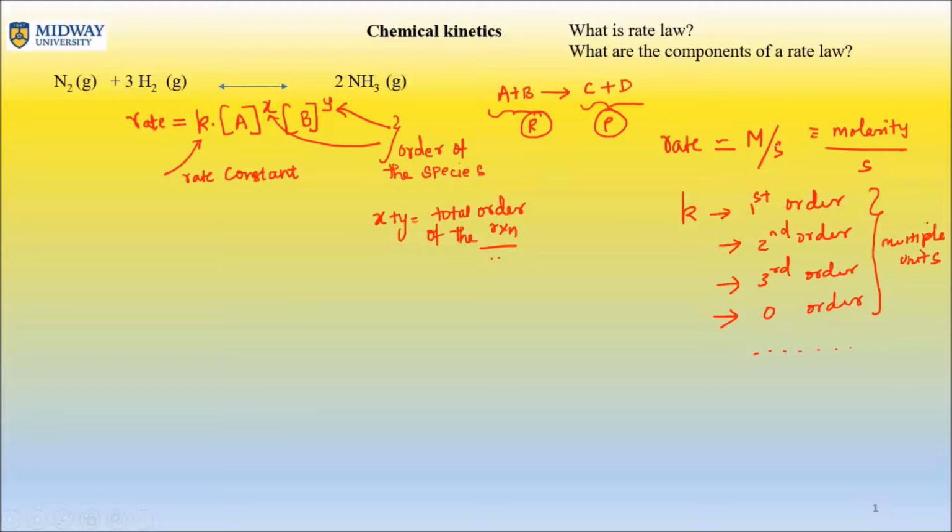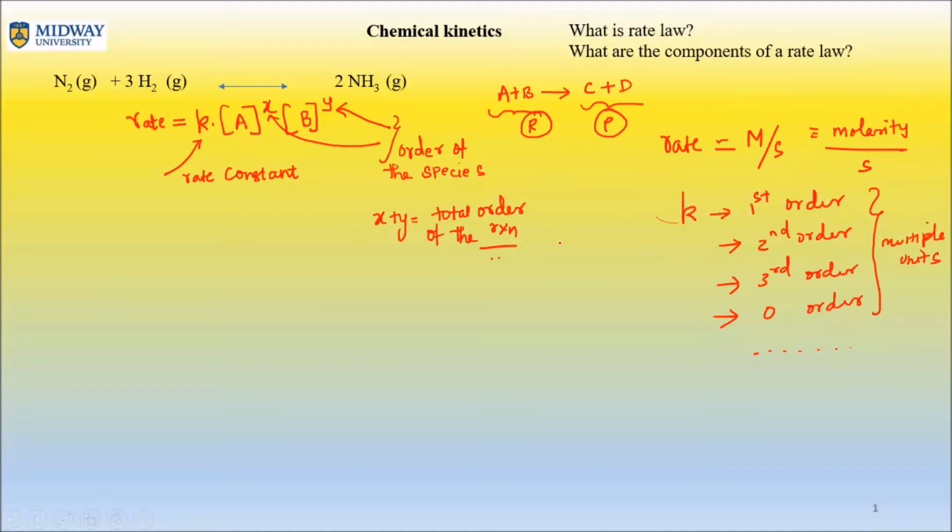Even though that's the value you get, without knowing K, you can't really tell whether the reaction is first, second, third, or zero order, or whatever the order. Whatever K's unit is will tell you the order of the reaction, okay? With that in mind, let's do a mathematical problem that's very, very important.